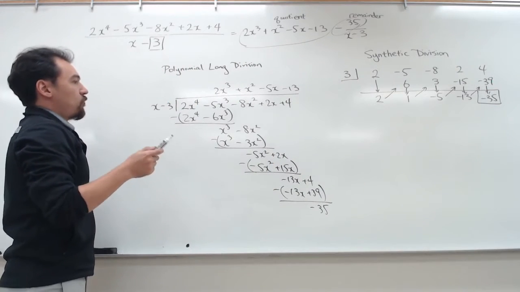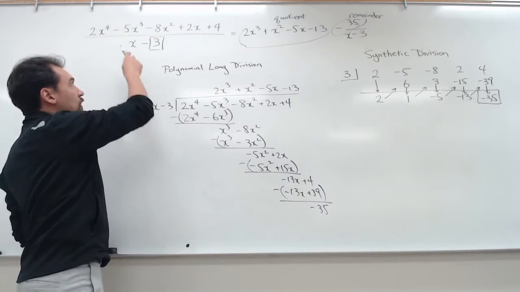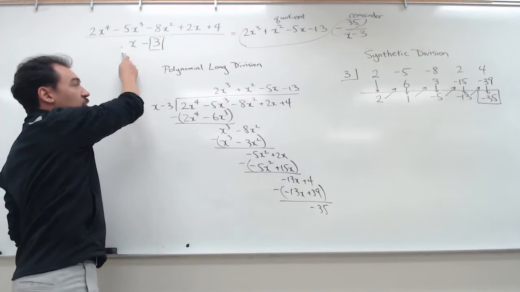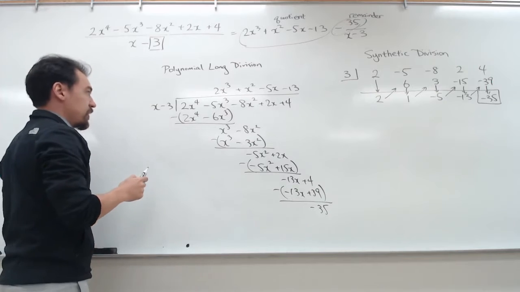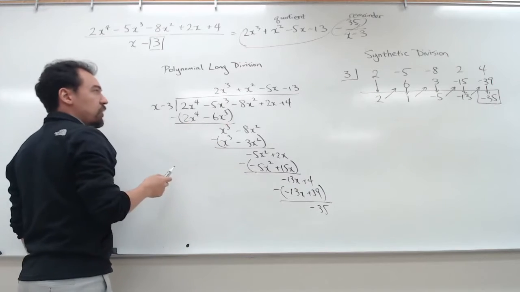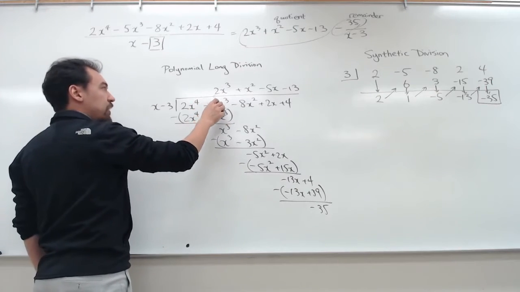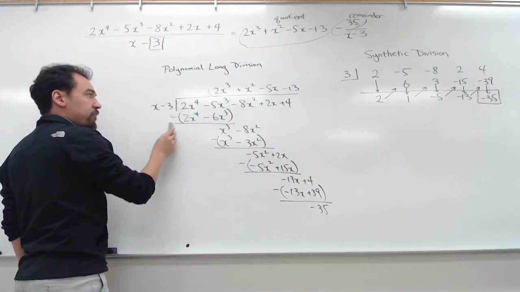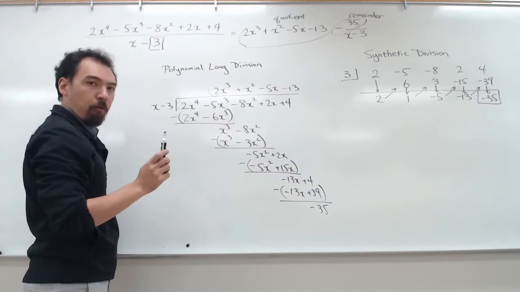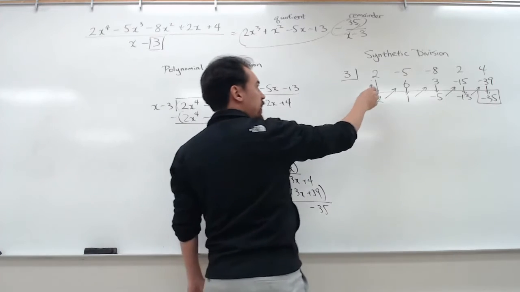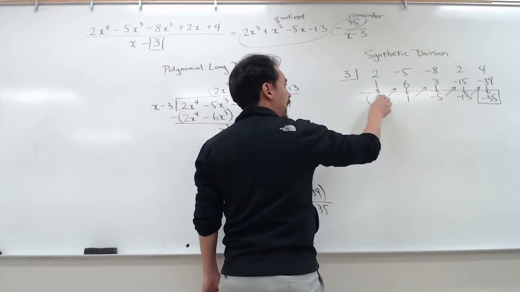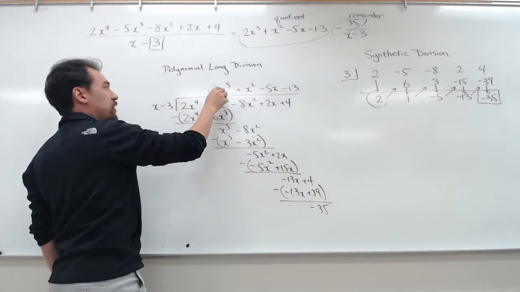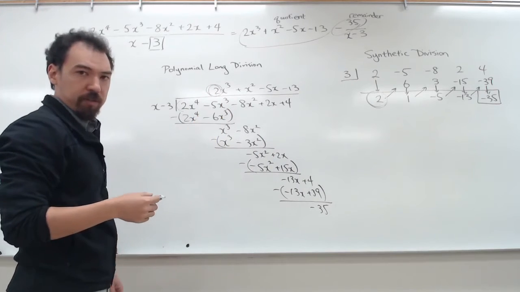So, what we're seeing here is because this has a coefficient of 1 on the x term, if I were to do long division, then my leading coefficient in the quotient would always match my leading coefficient in the dividend. This is an always thing. So by bringing down this 2, that 2 is representing the leading coefficient in the quotient.